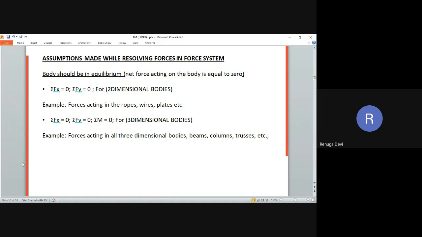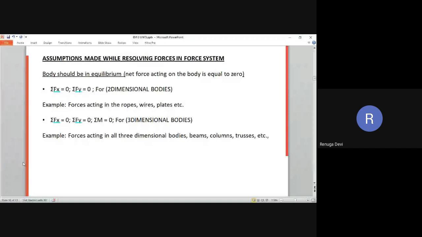So this is the next application. This is a very simple basic thing: equilibrium. What is meant by equilibrium here? I forgot to say about this equilibrium. Equilibrium is nothing but when the body is in a stable condition, meaning it does not take any unbalanced force.